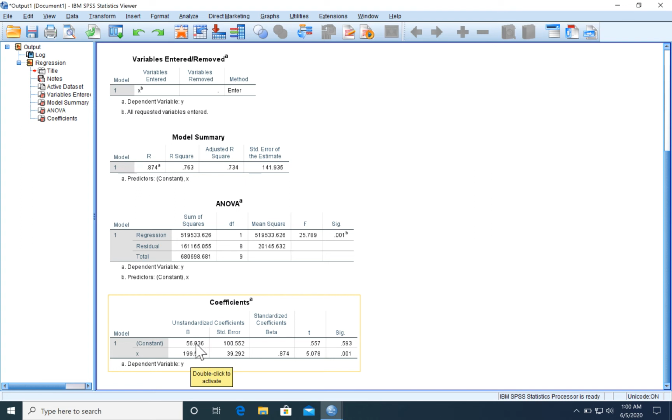So our line of best fit will be y hat equals 199.535x plus 56.036. That will be our line of best fit.